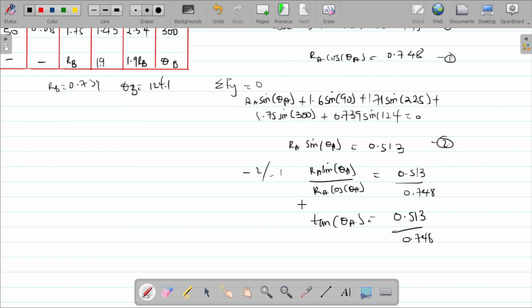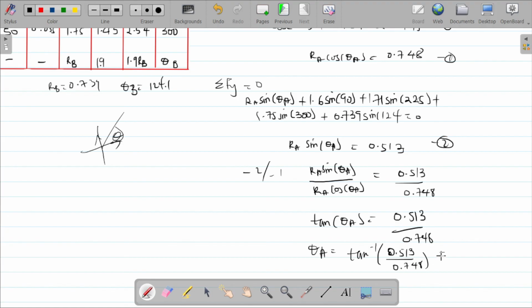Realize that for this, both the x and y components are positive. On a Cartesian plane, x is positive, y is positive, so it is in the first quadrant. So theta A will be equal to tan inverse of 0.513 over 0.748.